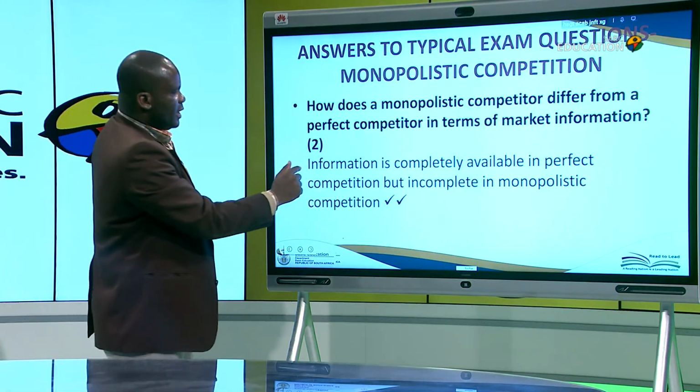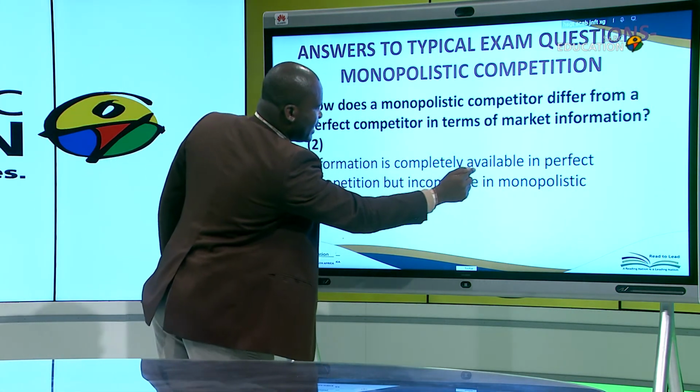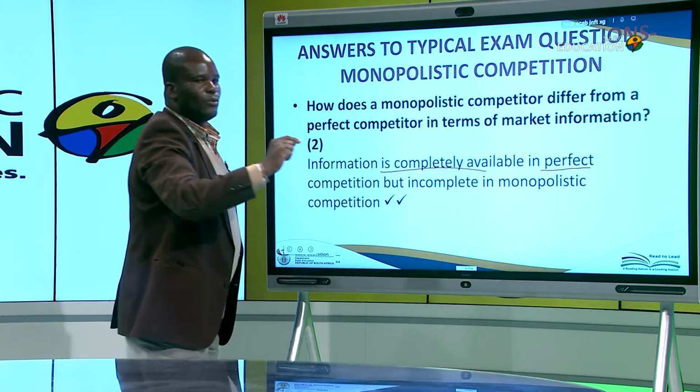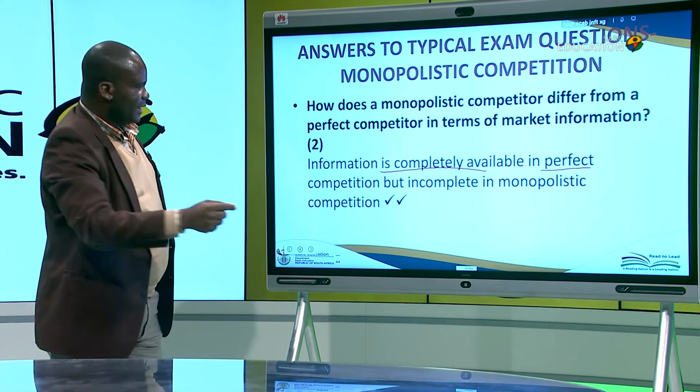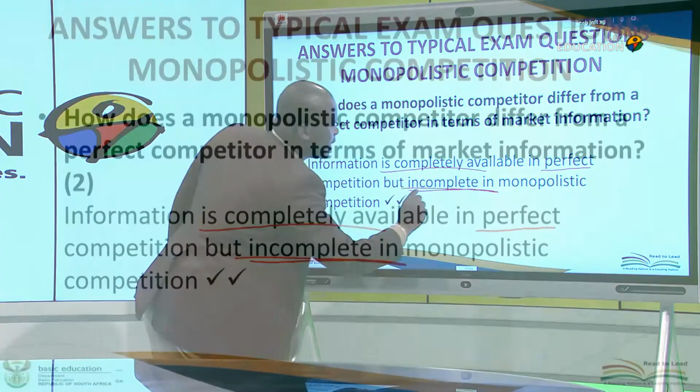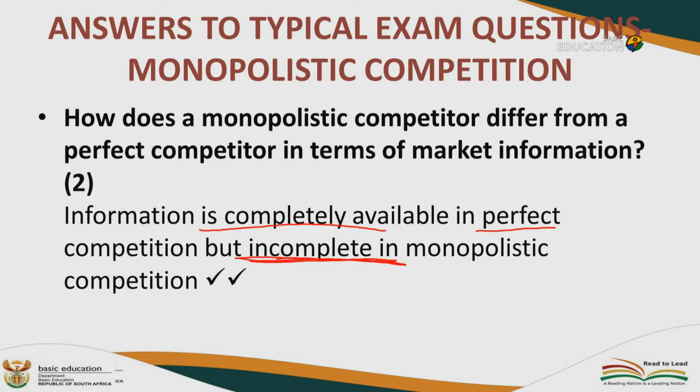It says here, information is completely available. Where? In a perfect market. What about in a monopolistic market? Information is incomplete. So these are the key terms that they will be looking at in your response. Completely available in perfect market, but incomplete in monopolistic.